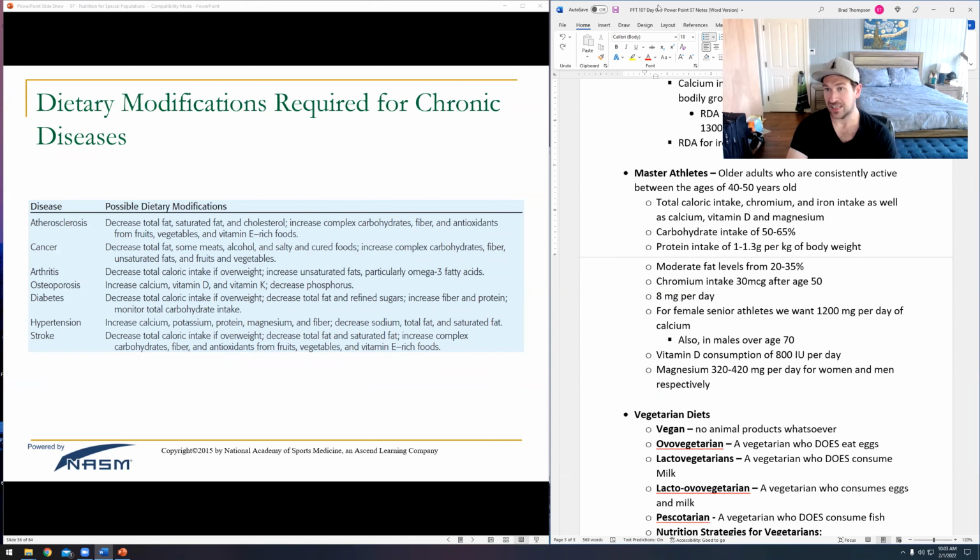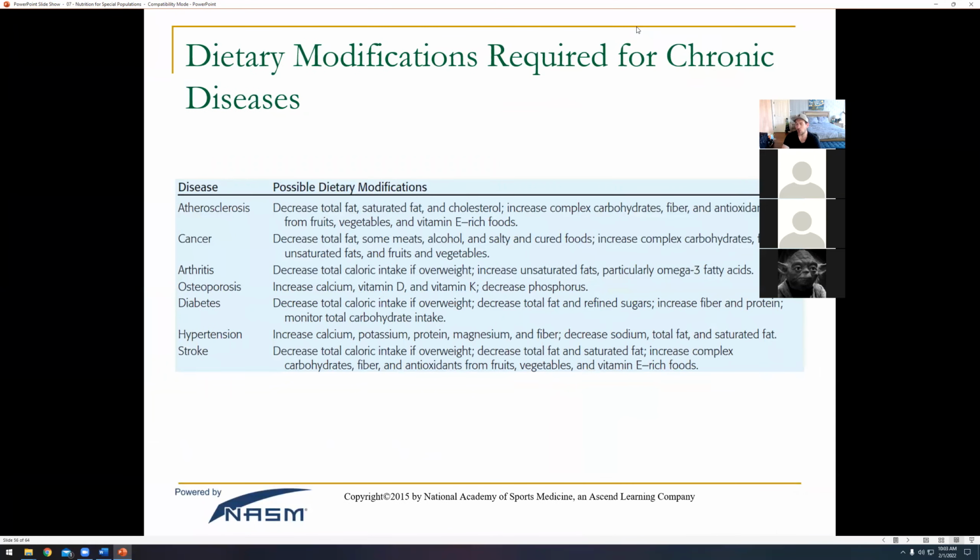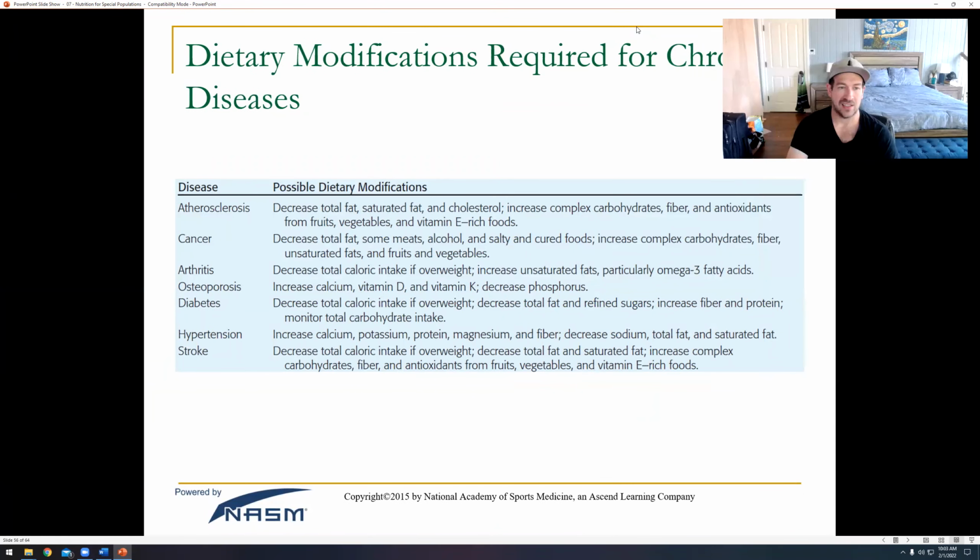Now, obviously, there's a lot of diseases that come along with being a senior. I say diseases, comorbidities, right? So things like atherosclerosis, if they start to have fat buildup in their blood vessels, we want to decrease total fat, especially saturated fat, and focus on low cholesterol foods, complex carbohydrates, and most importantly, probably lots of fiber.